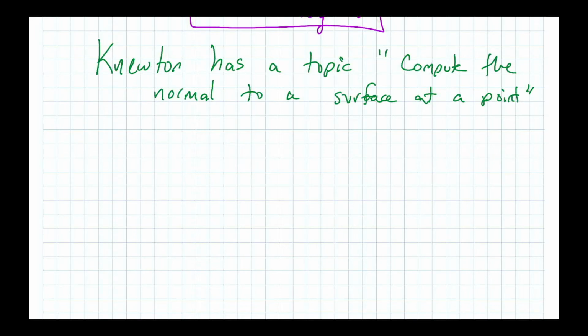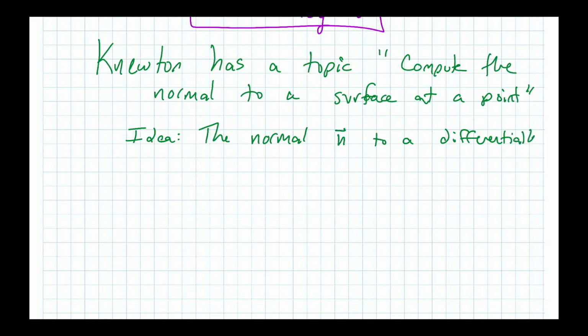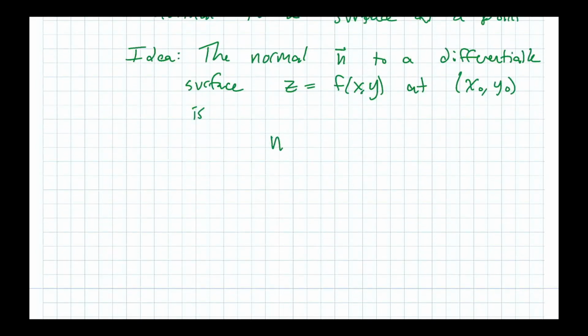So the idea: the normal vector to a surface z equals f of x, y at point x0, y0 is n equals, and it's what we wrote down.